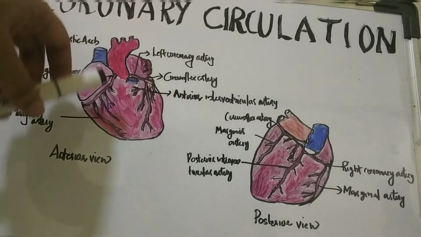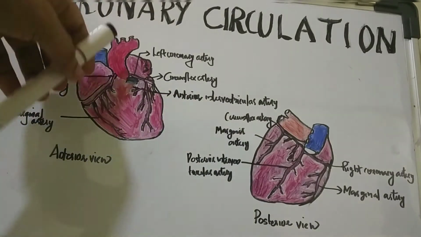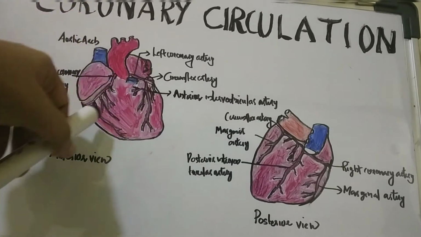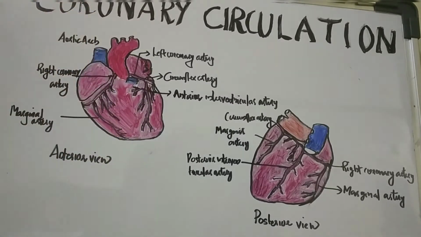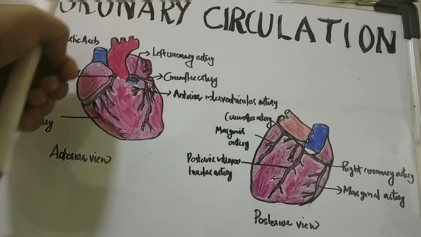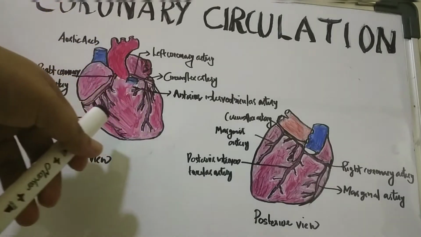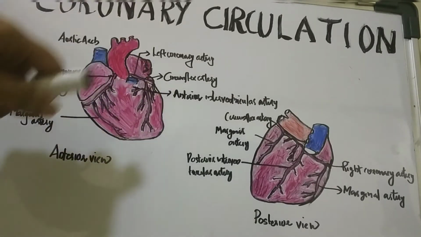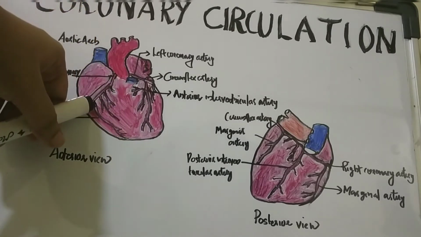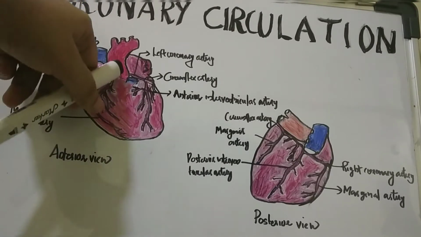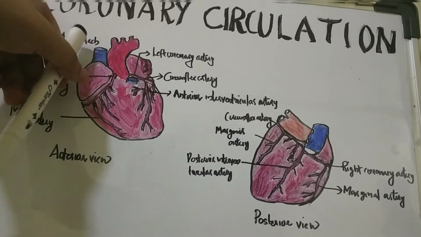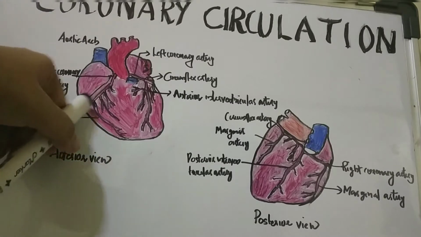First it passes forward and to the right to emerge on the surface of the heart in between the root of the pulmonary trunk and the right auricle. In this figure you can see the emergence of the coronary artery in between the root of the pulmonary trunk and the right auricle. After that it moves downwards in the right coronary sulcus to the junction of the right and inferior border of the heart.